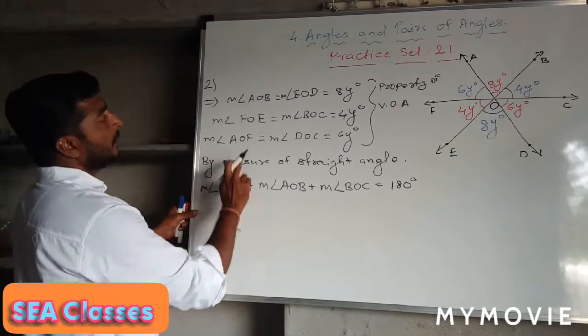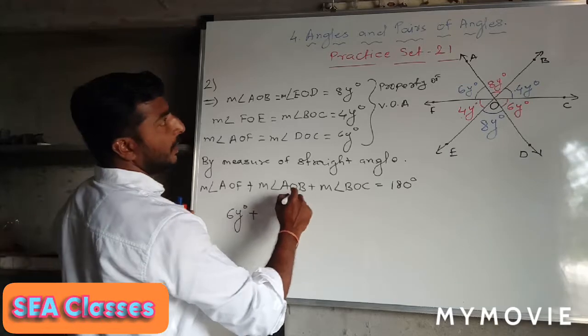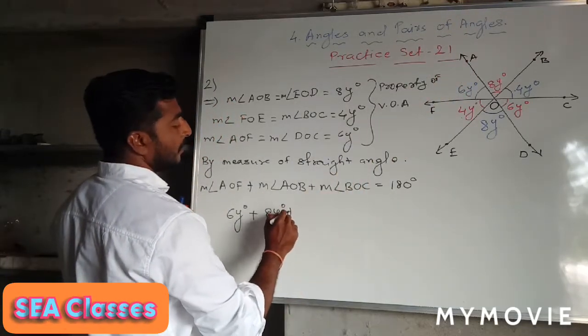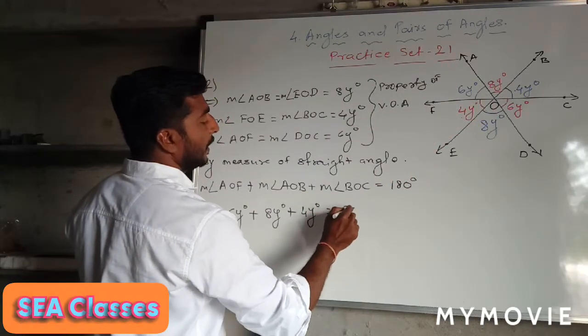And AOF, it is given here, it is 6y degree, plus AOB is 8y degree, plus BOC is 4y degree, is equal to 180 degree.